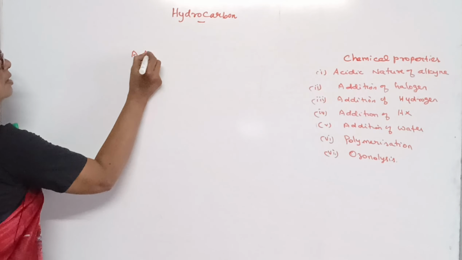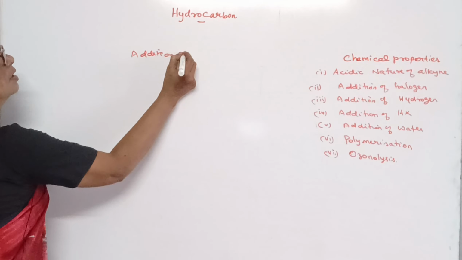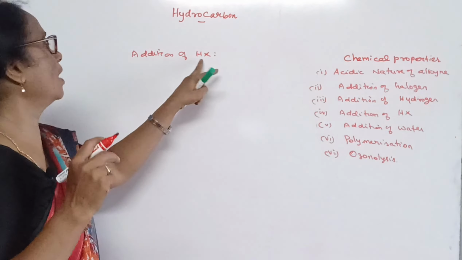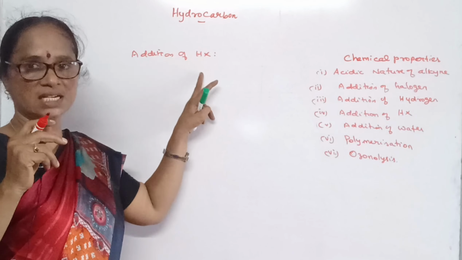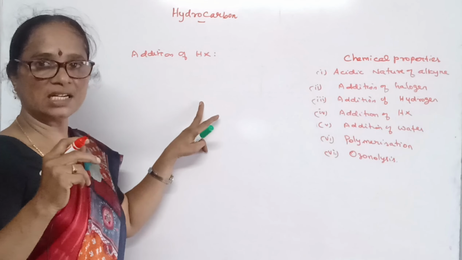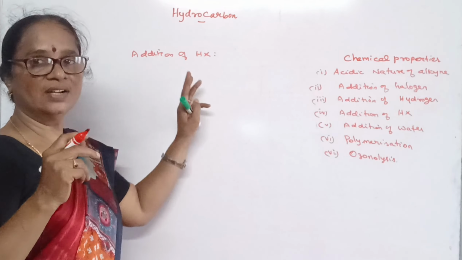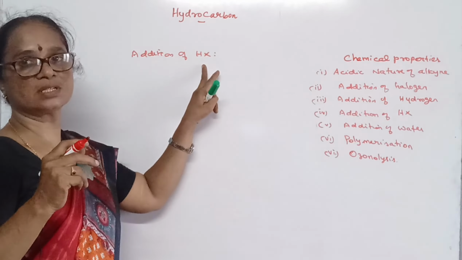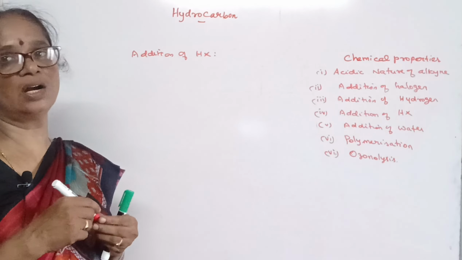The next one, addition of hydrogen halide. Whenever we do the addition of hydrogen halide or addition of water or addition of sulfuric acid, whenever we do the addition reaction with such compounds, we have to follow Markovnikov rule.